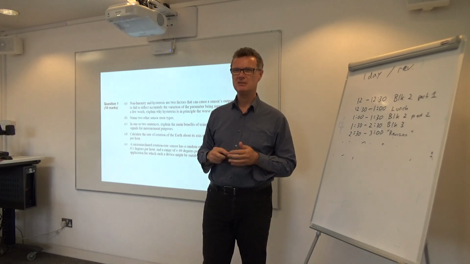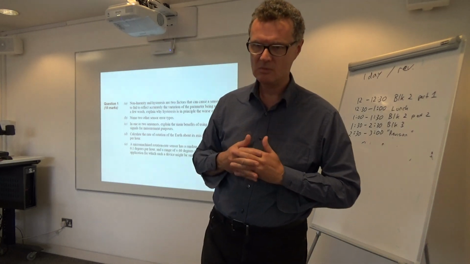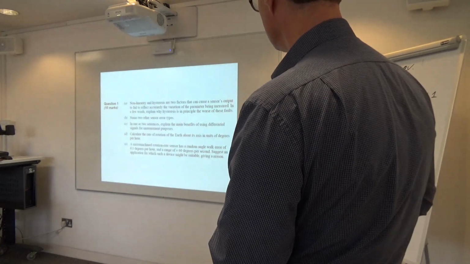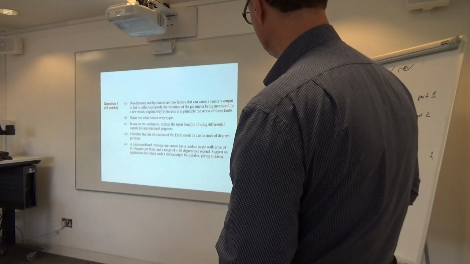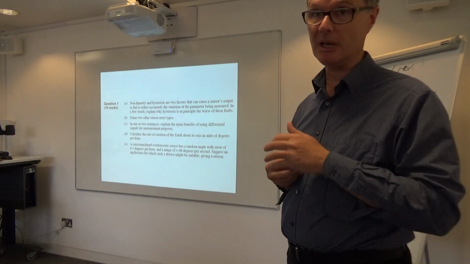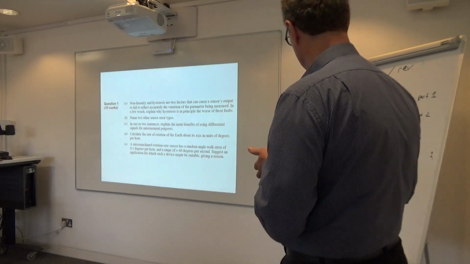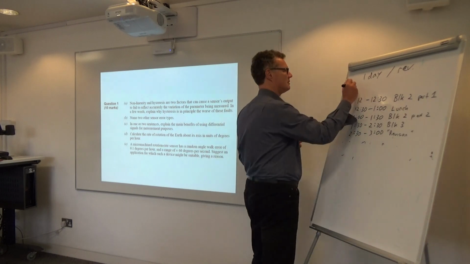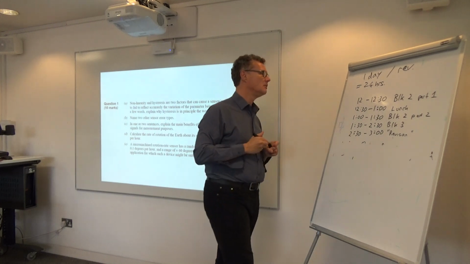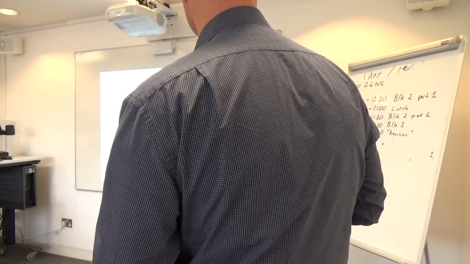We need to be working in units of degrees per hour. So, 1 day equals how many hours? 24 hours. And we've got 360 degrees.